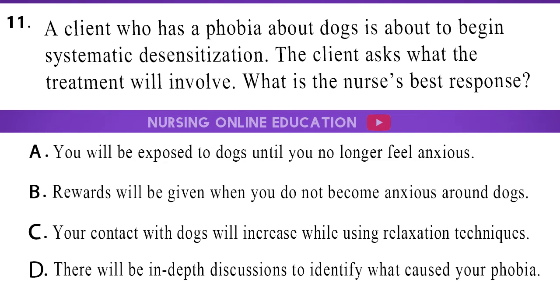11. A client who has a phobia about dogs is about to begin systematic desensitization. The client asks what the treatment will involve. What is the nurse's best response? A. You will be exposed to dogs until you no longer feel anxious. B. Rewards will be given when you do not become anxious around dogs. C. Your contact with dogs will increase while using relaxation techniques.